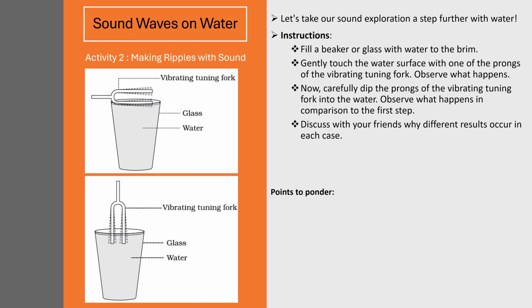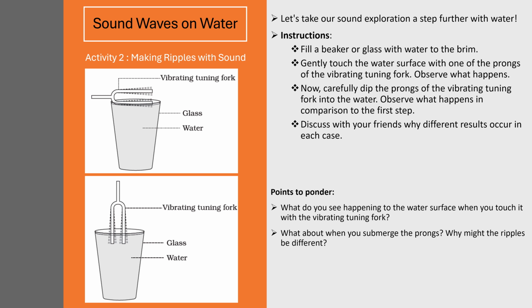Some of the points to ponder after this activity: what do you see happening to the water surface when you touch it with the vibrating tuning fork, for example, in the first case? Then, what about when you submerge the prongs? Why are the ripples different in the second case compared to the first case?